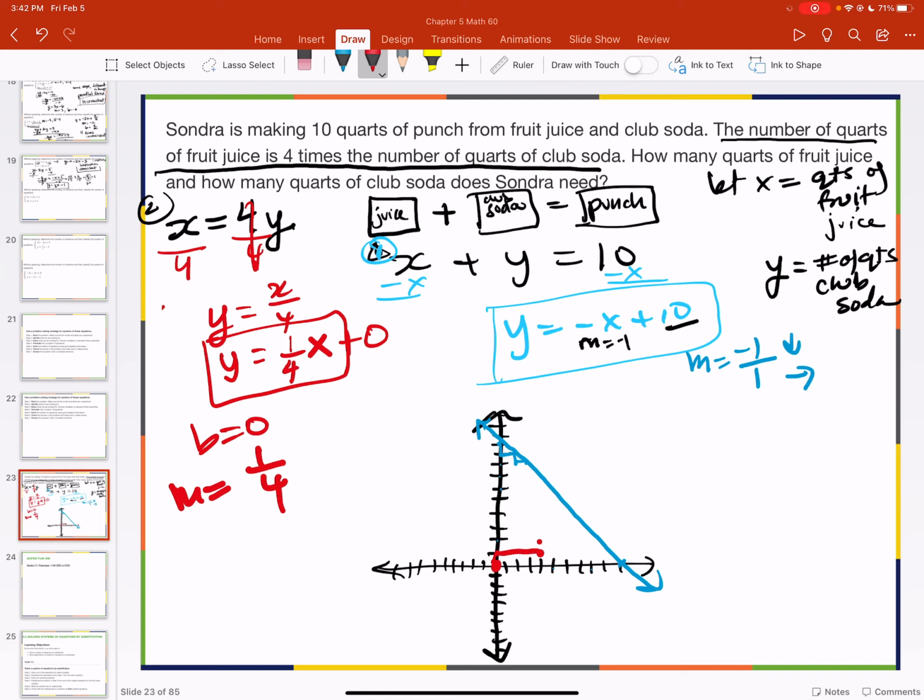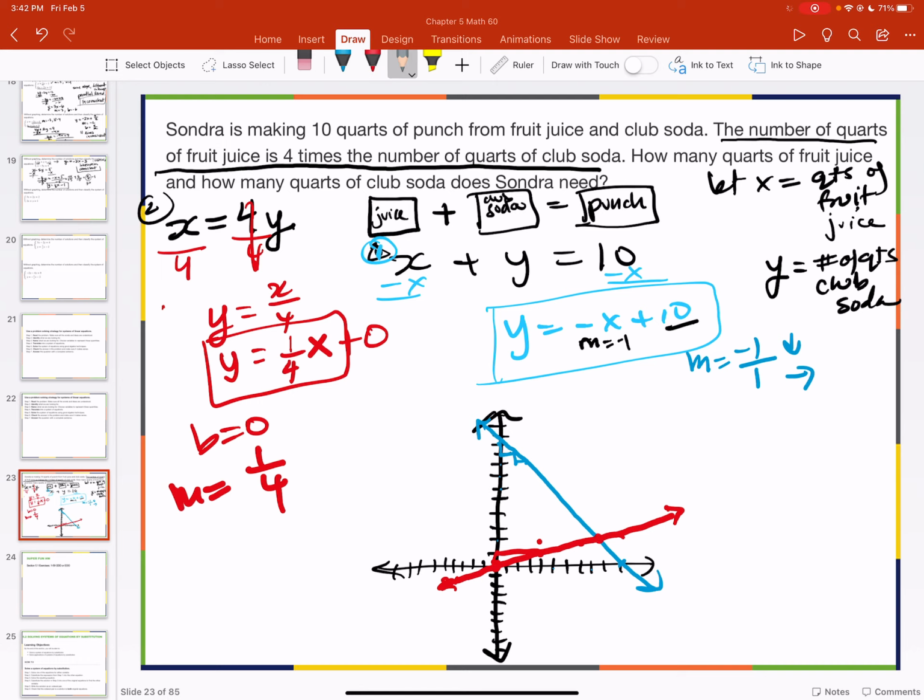You're going to go up 1 and then over 4 over here. Then you're going to go up 1 and then over 4. So it's going to be like right here. So then you draw your line through that. And wherever they intersect, that's it. So this is where the point of intersection is.